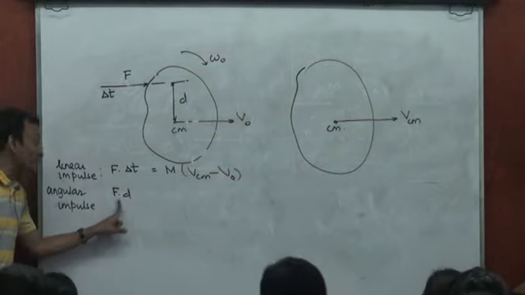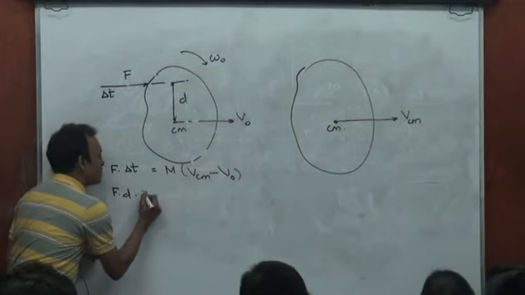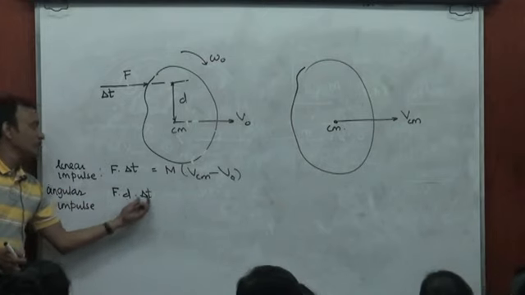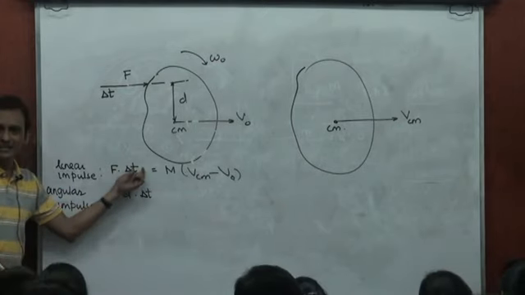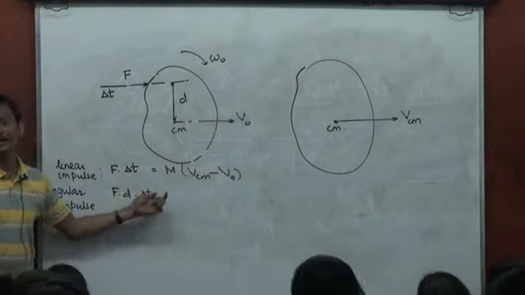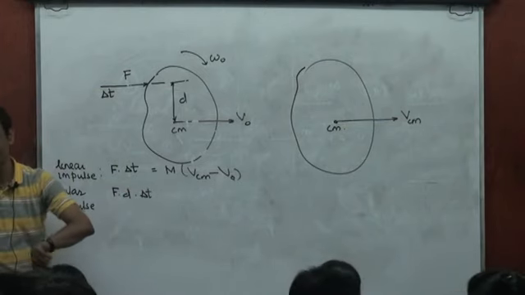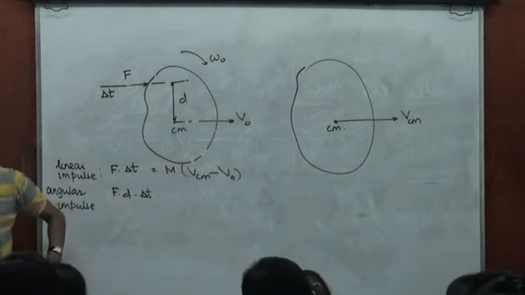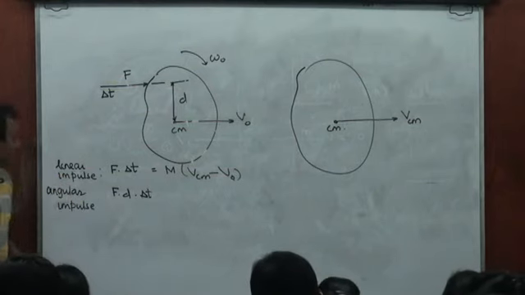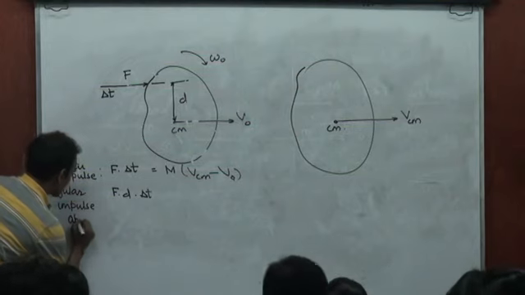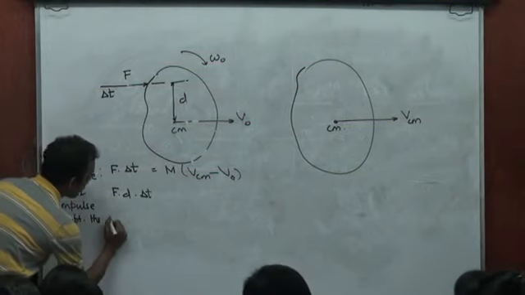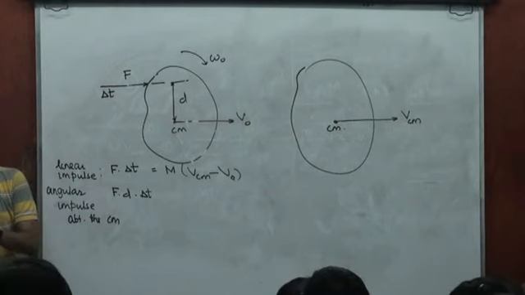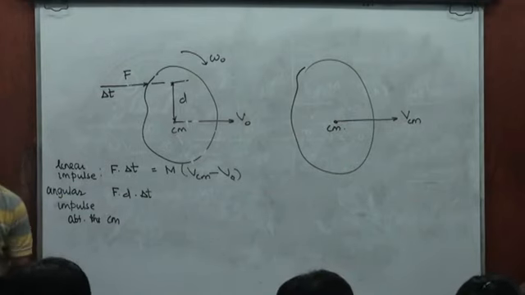So angular impulse about the center of mass is going to be F into d into delta t. Force into delta t is linear impulse, torque into delta t is angular impulse. This is angular impulse about the center of mass, because I have taken the torque about the center of mass. And that must be the change in angular momentum about the center of mass.